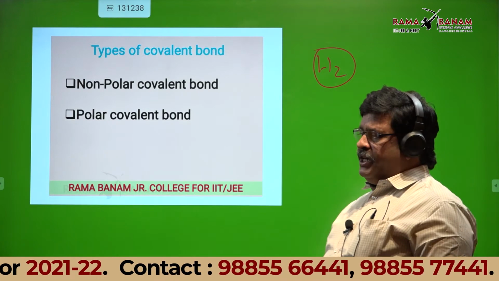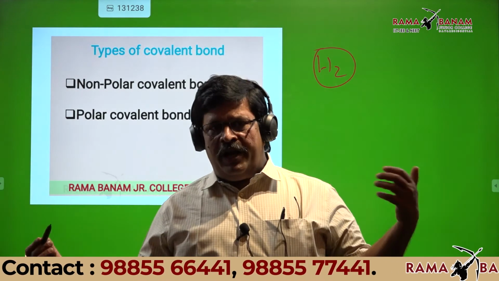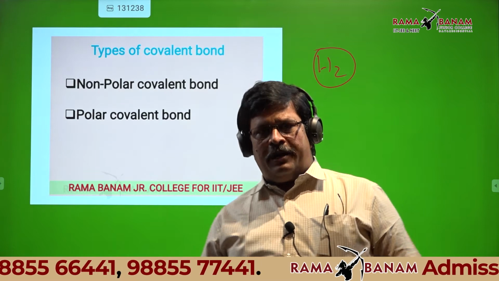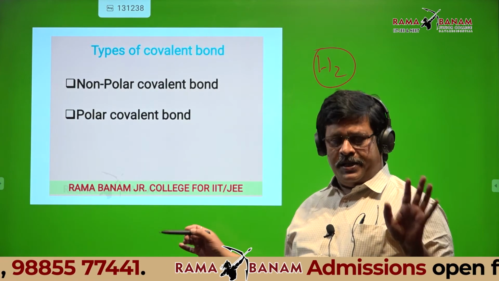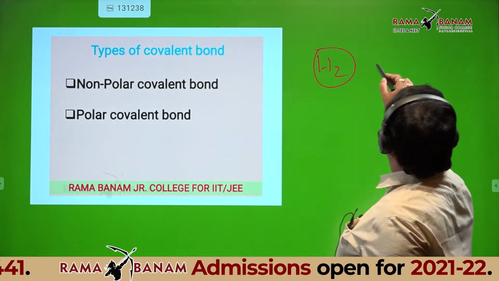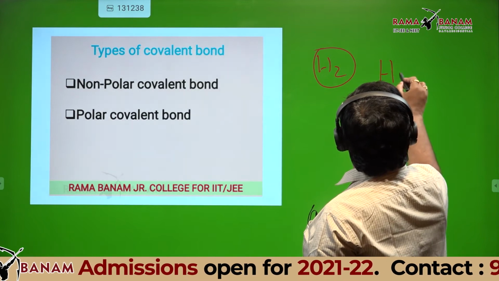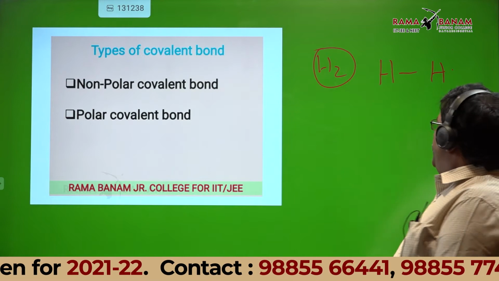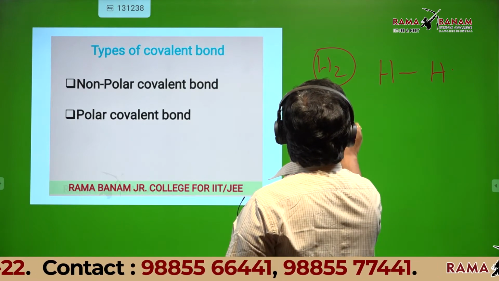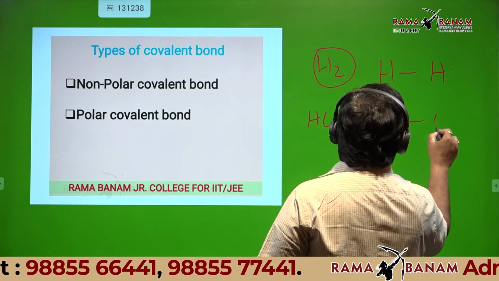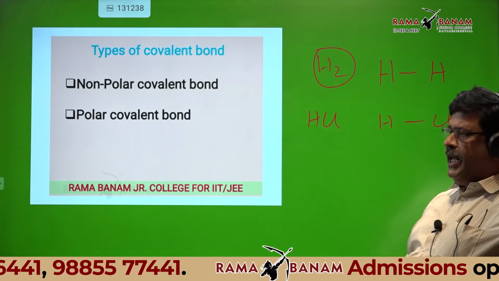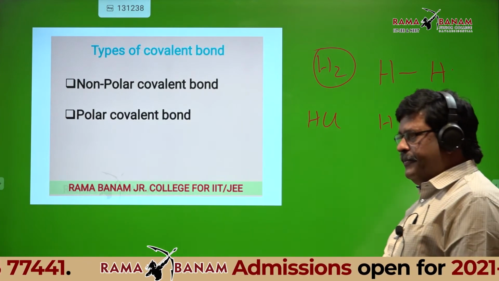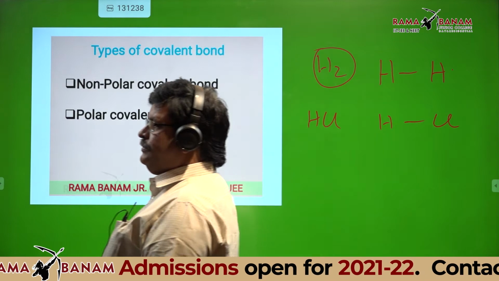How that formation takes place, how a covalent bond is formed between these two, we'll discuss today only. Here there is a covalent bond between two identical atoms. You take a molecule of HCl. Here a covalent bond between two dissimilar atoms. Is it okay, students? Yes, sir.